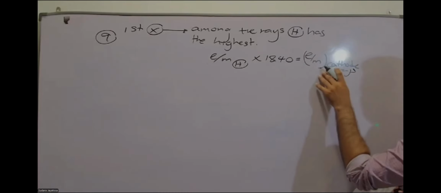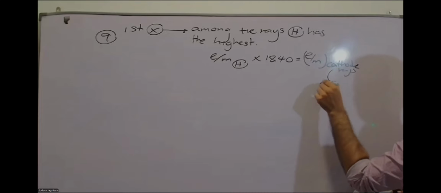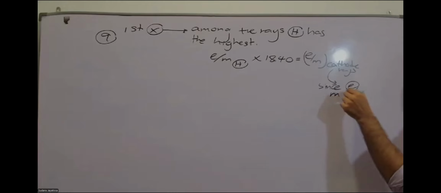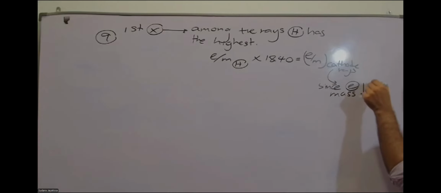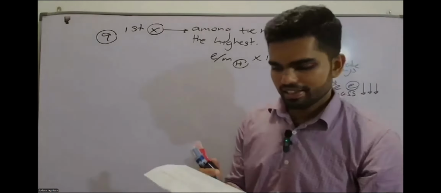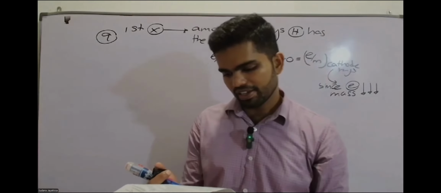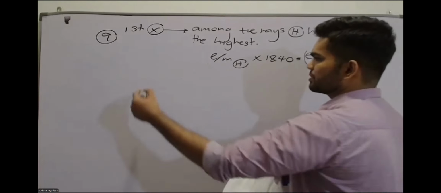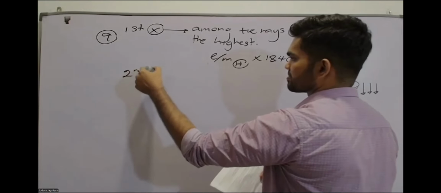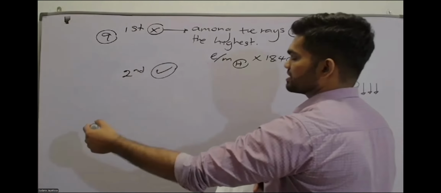The reason is cathode rays are electrons, and electrons have a very low mass. Since electron mass is very, very low, therefore its e/m ratio will be really, really high. The second statement is telling that proton has a greater mass than electron. That part is true. But anyway, the first statement is wrong.